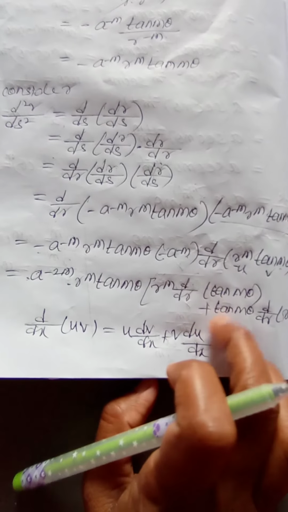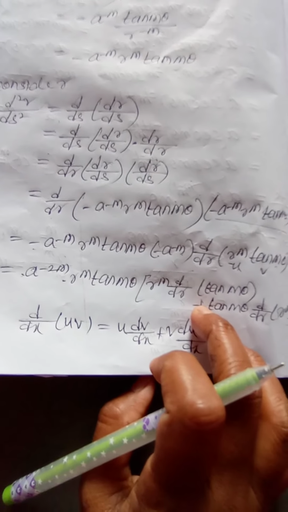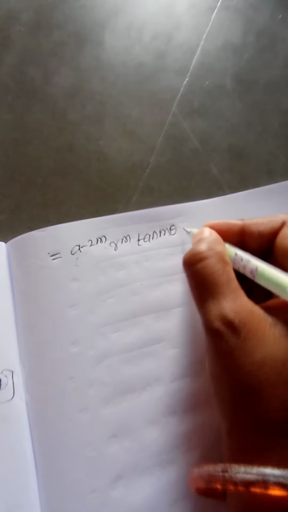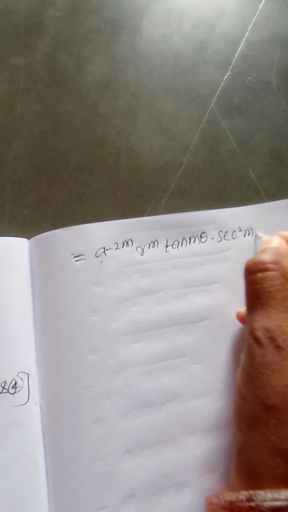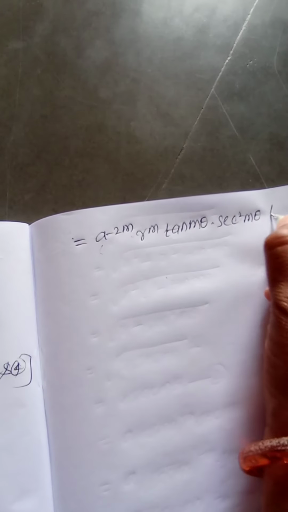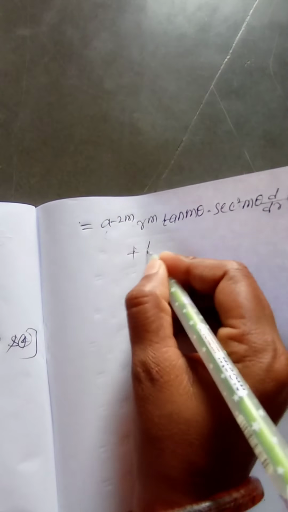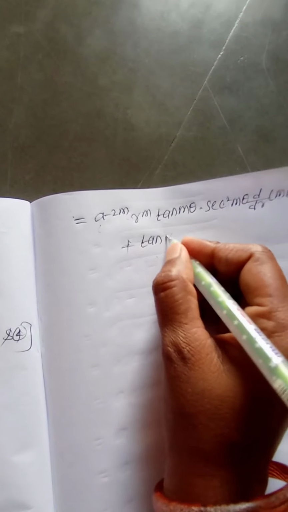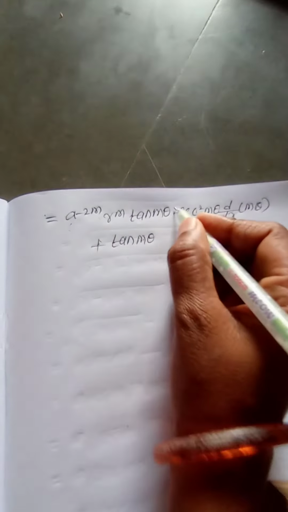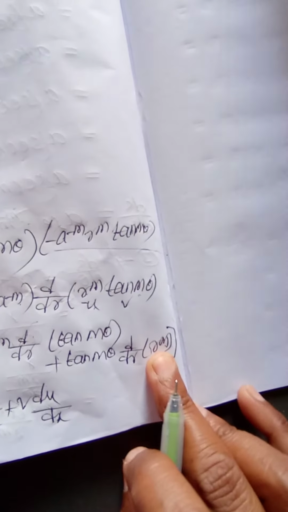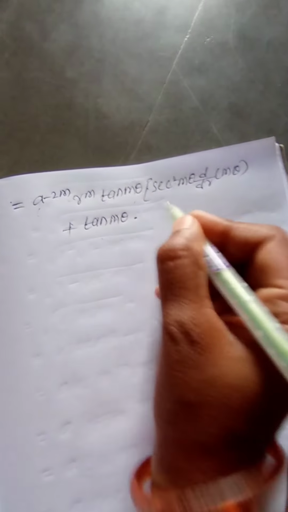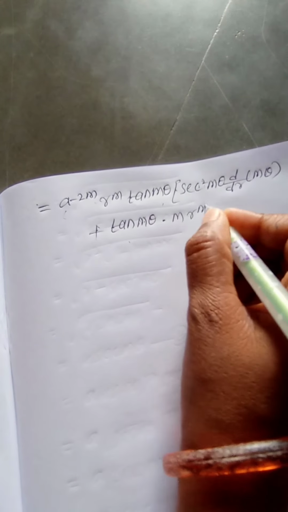So d by dx of tan theta differentiation is secant square theta. So this is secant square m theta. Next again differentiate the internal part, where the internal part is m theta, d by dr of m theta, plus next tan m theta. Tan m theta is constant, so this is total into next d by dr of r to the power of m. So m into r to the power of m minus 1.